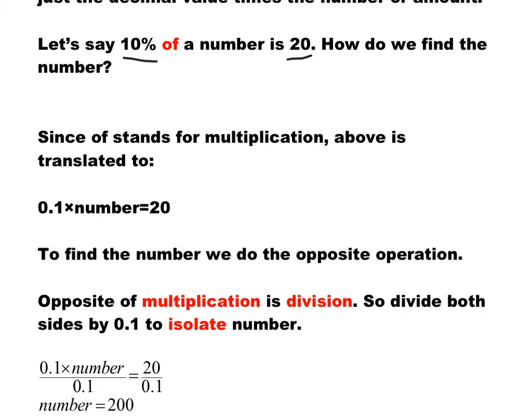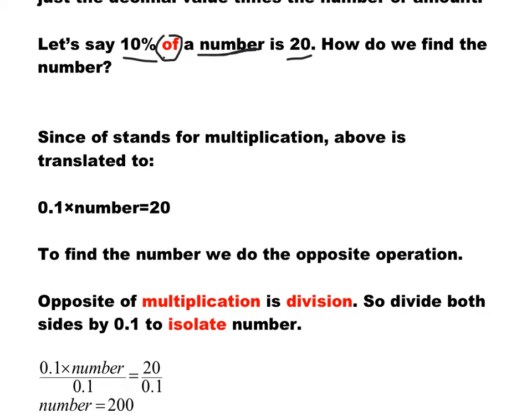We know that the keyword "of" in this example means multiplication. But the number is unknown. We don't know what exactly the number is.